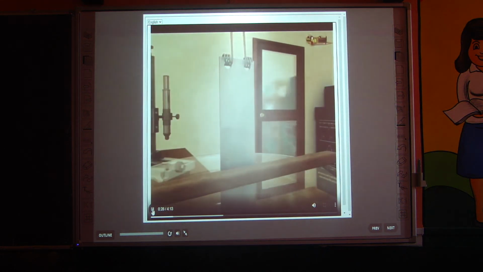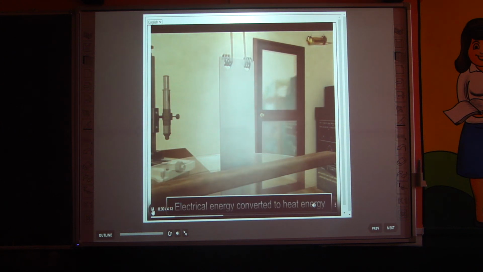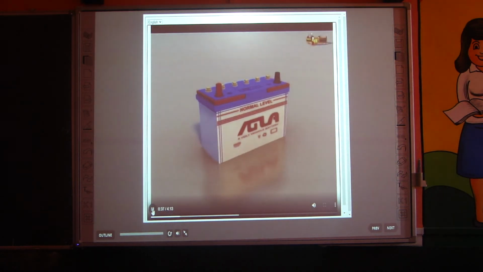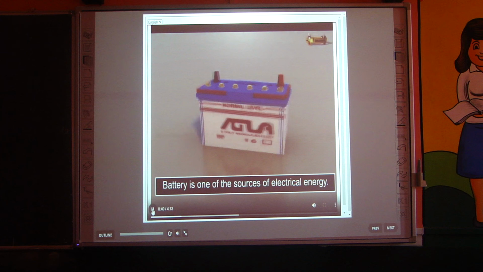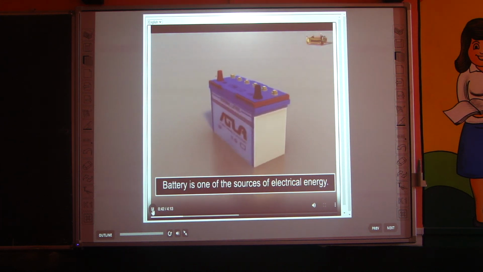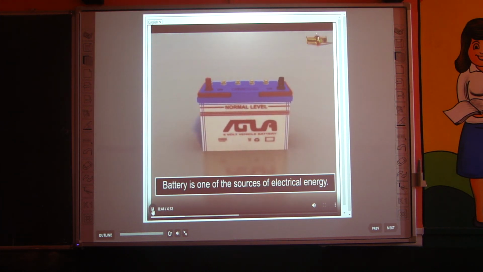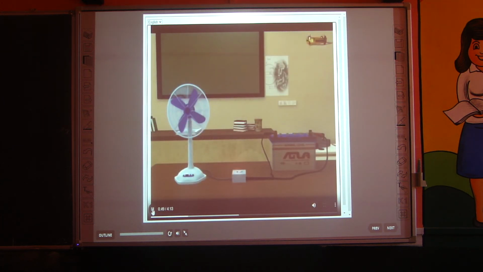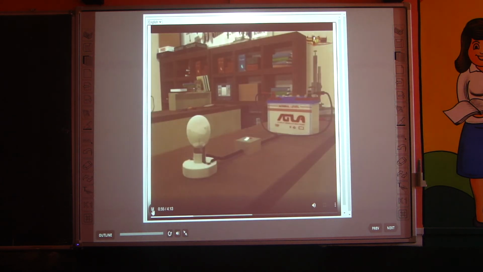This shows that electrical energy is being converted into heat energy. We know that a battery is one of the sources of electrical energy. The energy supplied by the battery can be used to run electric appliances, such as to run an electric fan or to glow an electric bulb.